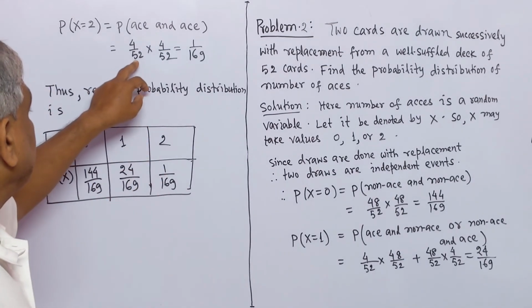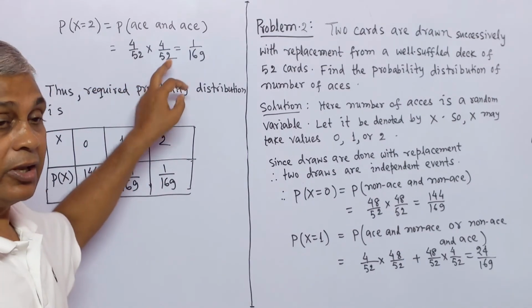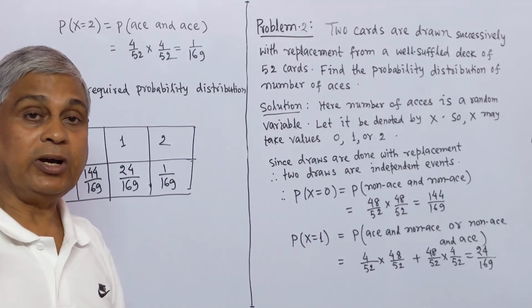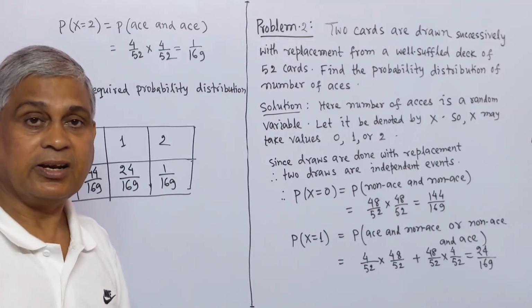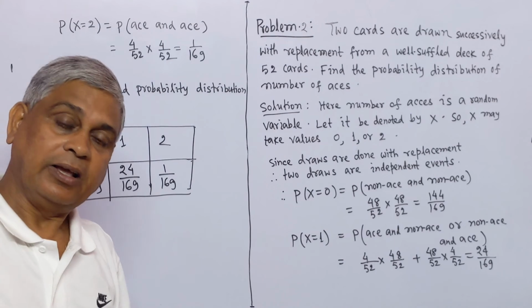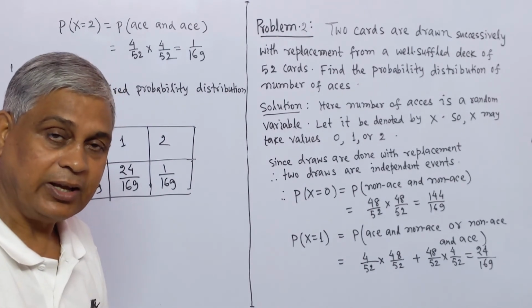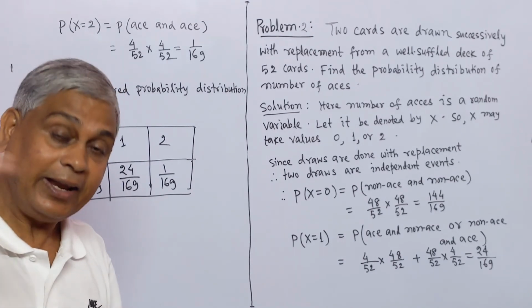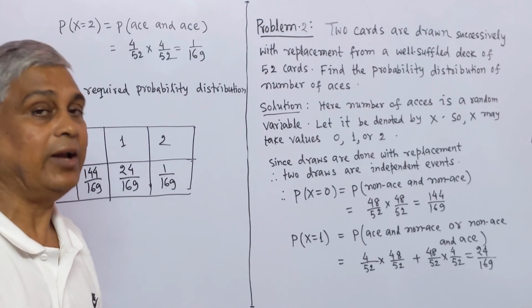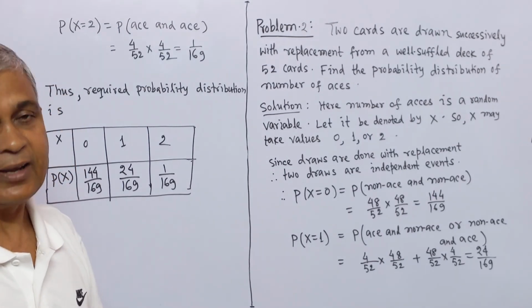Here we get the same probability because the card which was drawn the first time was returned to the deck, and then we again draw one S from the deck.